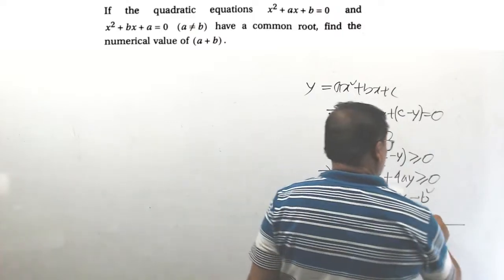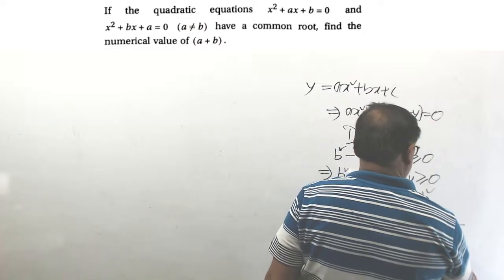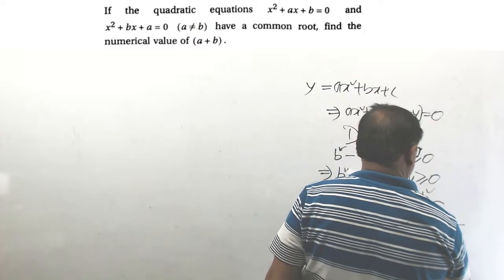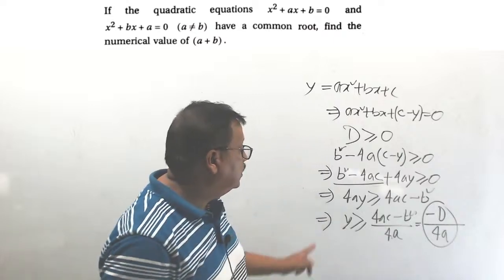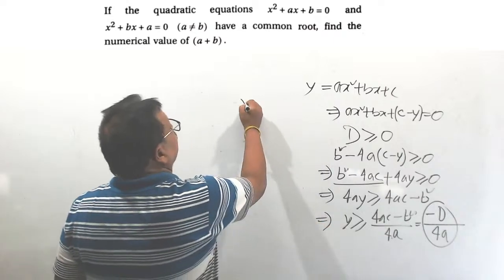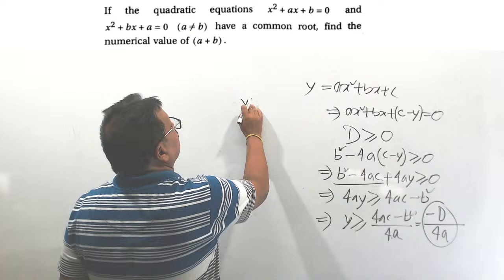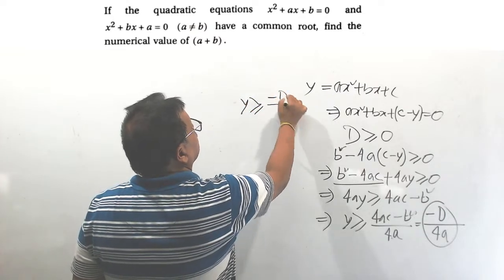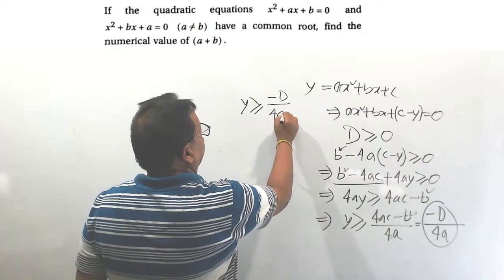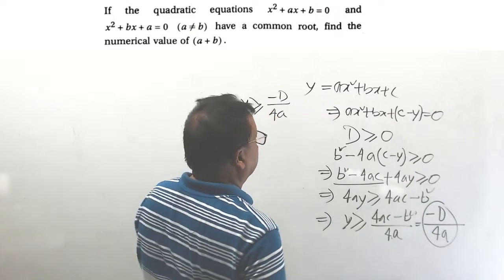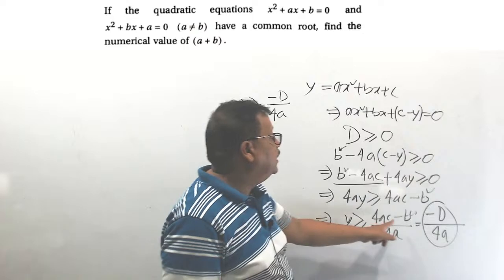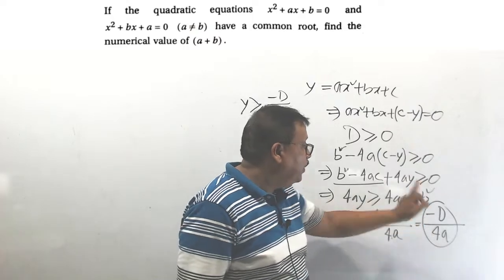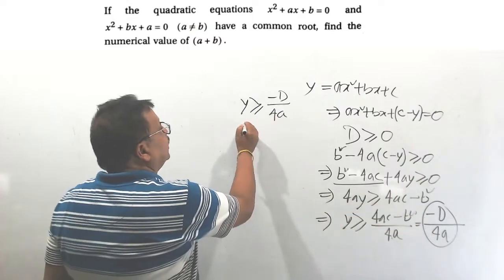Taking minus common, can you write this? That means y is greater than or equal to minus D by 4a, where D is equal to b square minus 4ac.